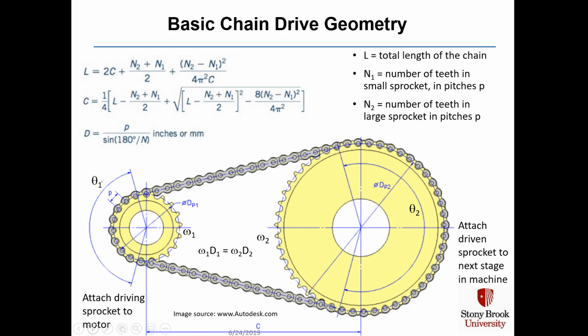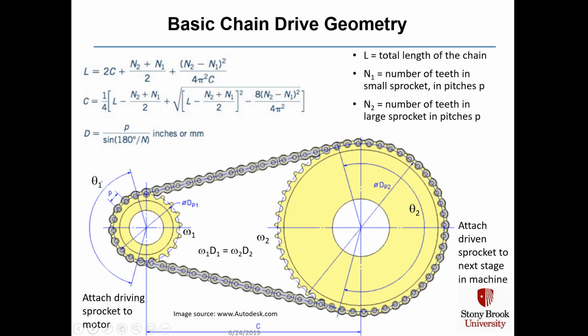Here's the basic chain geometry along with the equations for L, the total length of the chain, and N1, the number of teeth in the small sprocket, which is in pitches, not inches or millimeters, and N2, the number of teeth in the large sprocket, which is in pitches P. The center distance C can be calculated as a function of the chain length in N1 and N2, and the diameter D can be calculated in terms of the number of pitches, and N, where N1 corresponds to the teeth in the small sprocket, and diameter 1 would be the diameter of the small sprocket.